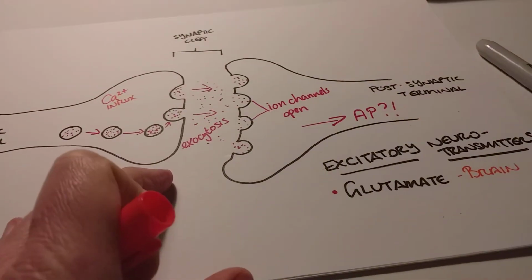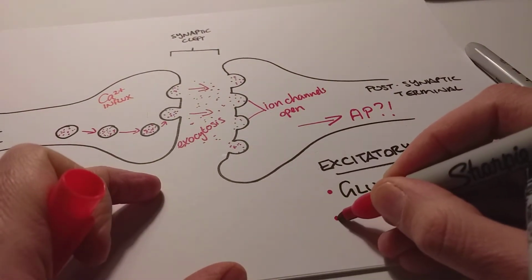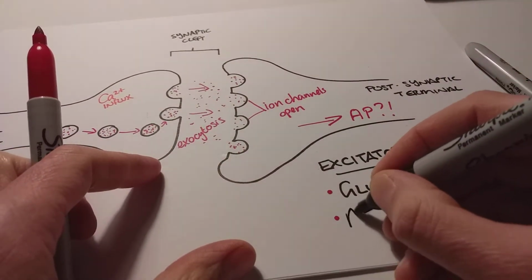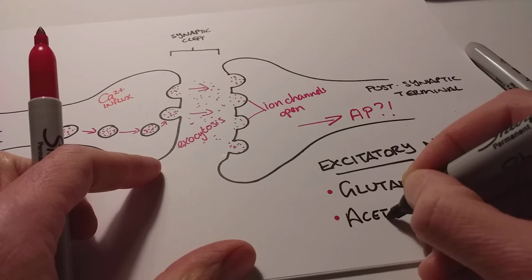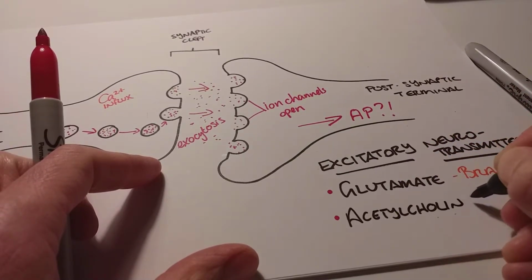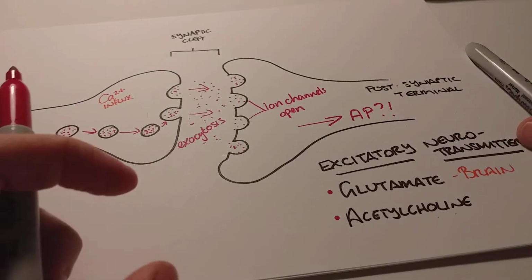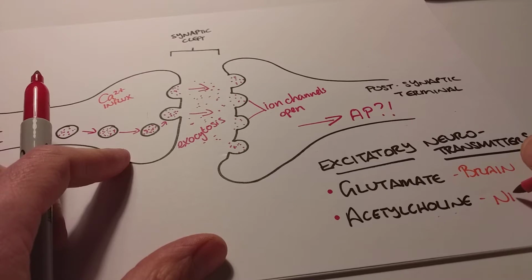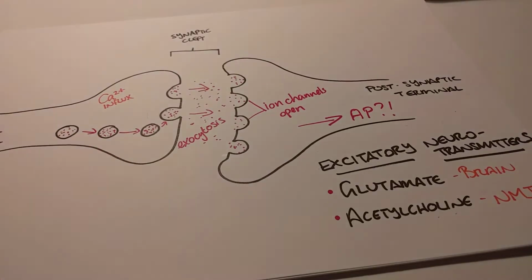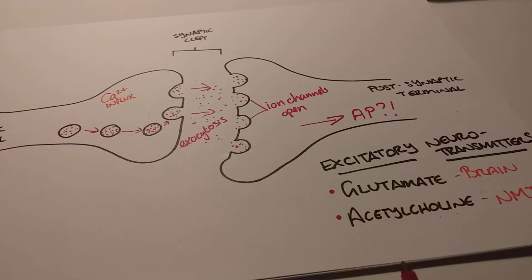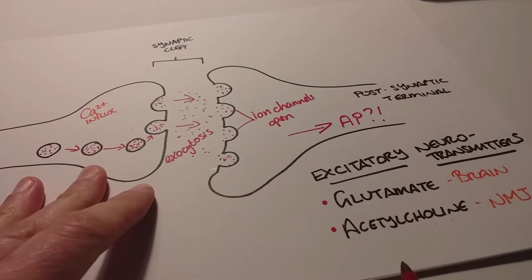And then we've got acetylcholine, and this would be at the neuromuscular junction. So two different types of neurotransmitters dependent on where the synaptic cleft is.